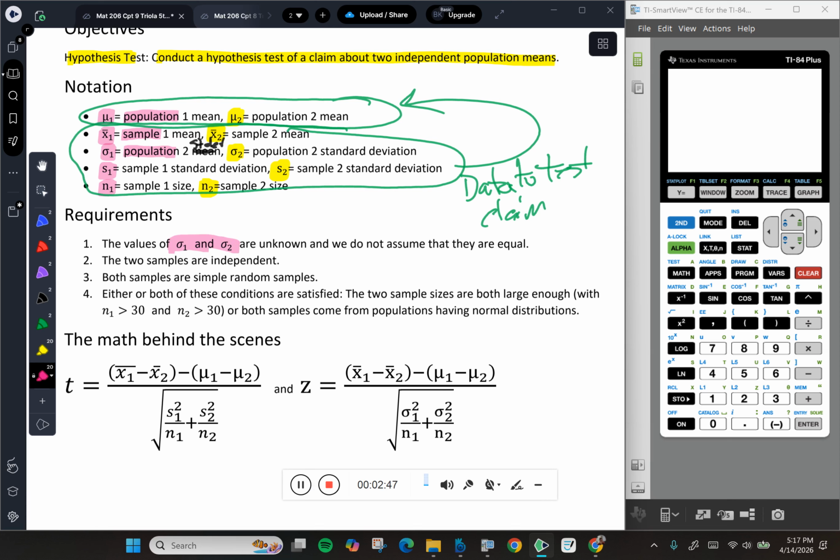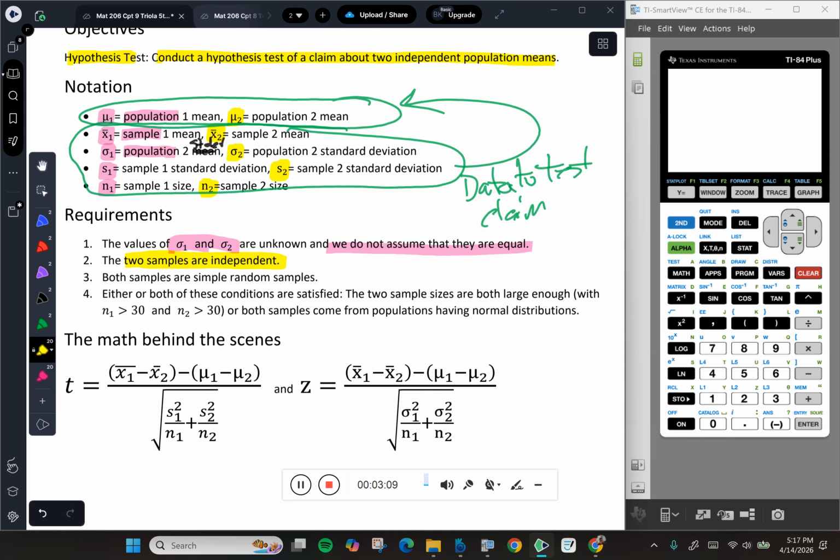Okay. The requirements are, well, first off, these two standard deviations, if we know them or if we don't know them, doesn't matter, but we don't assume that they're the same. We don't assume that they are the same value. If they're unknown, we must have some reason to believe they're not the same. The two samples are independent.